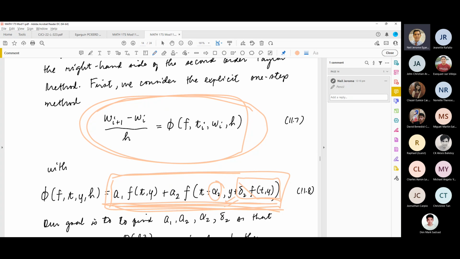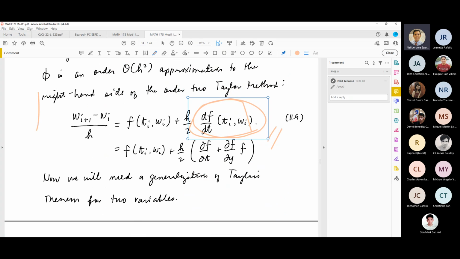All right. So the goal now is to find a1, a2, alpha 2, and delta 2 so that our phi in equation 11.8 will approximate the right-hand side of Taylor's method of order 2. Right? So yung goal natin, makahanap ng a1, a2, alpha 2, at saka delta 2 para itong si phi ay good approximation dito sa kanan ng 11.9.